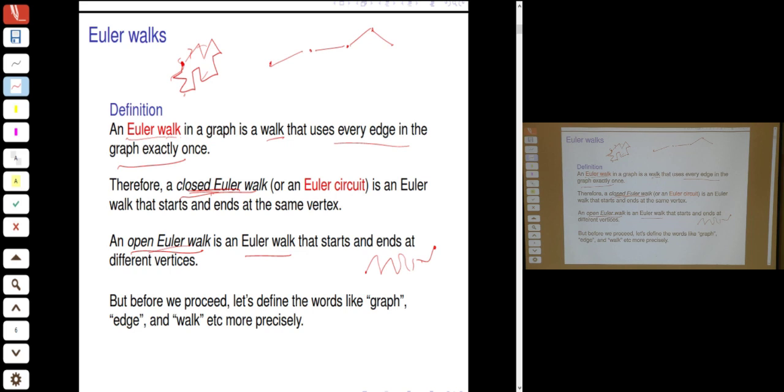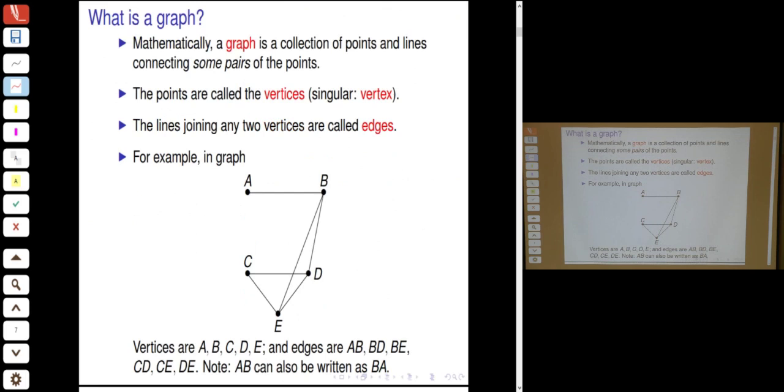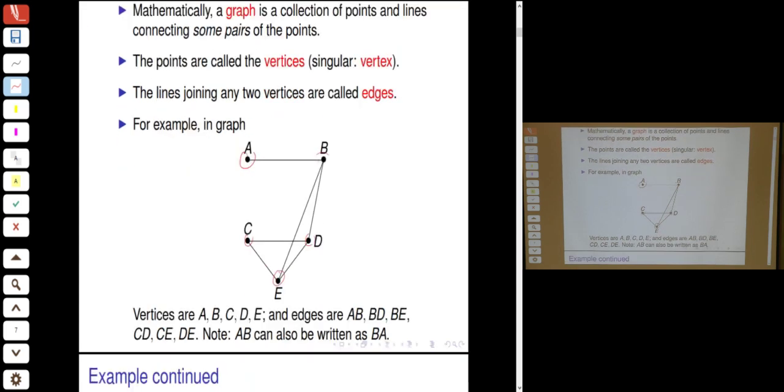Okay. So, let us now record the definitions of graph, edge and walk more precisely. A graph is a collection of points and lines connecting some pairs of points. Exactly as we discussed, you have a bunch of nodes or points, and some of the pairs of nodes are connected with each other by an edge or line.